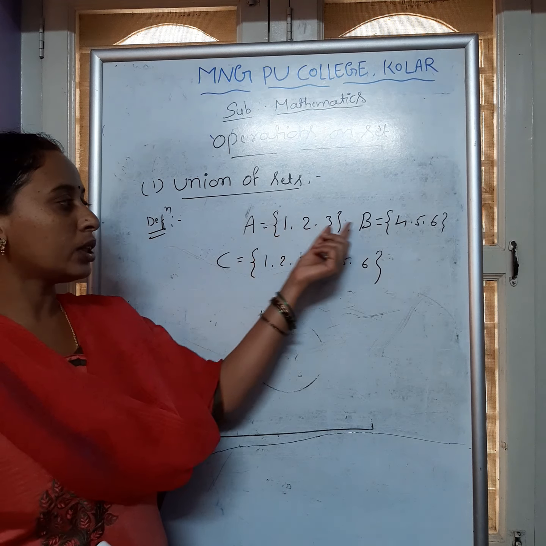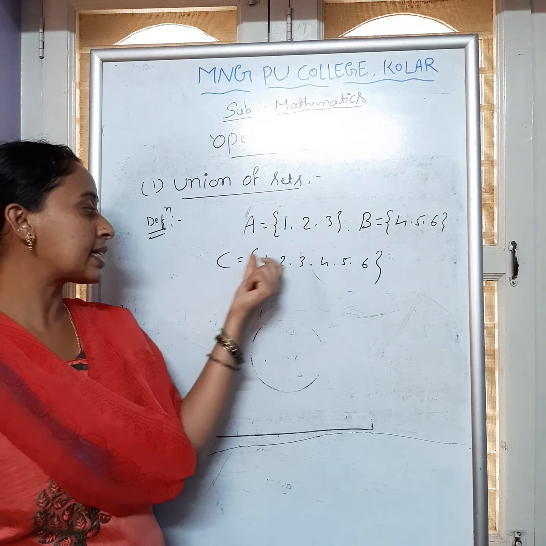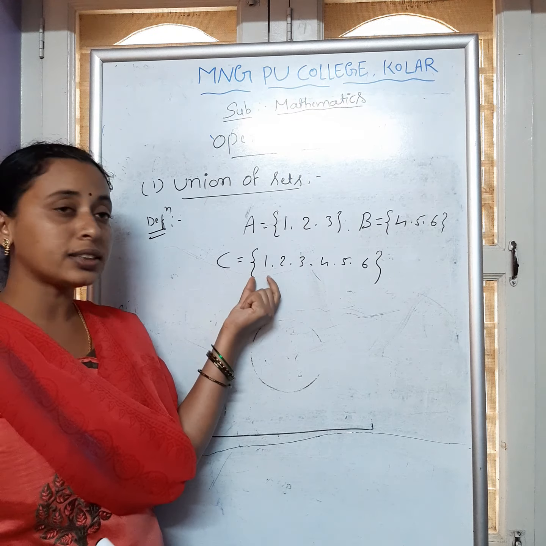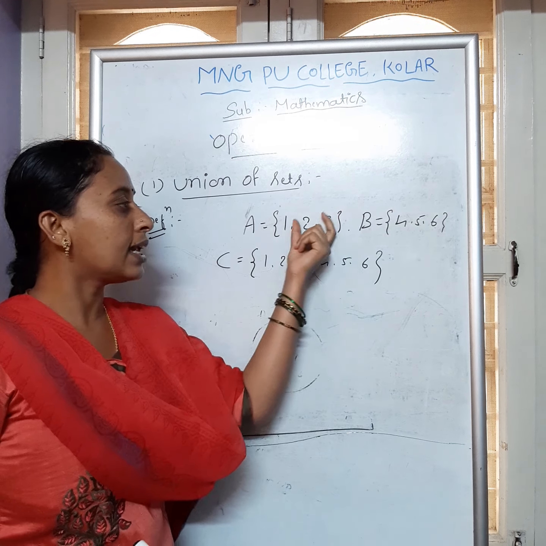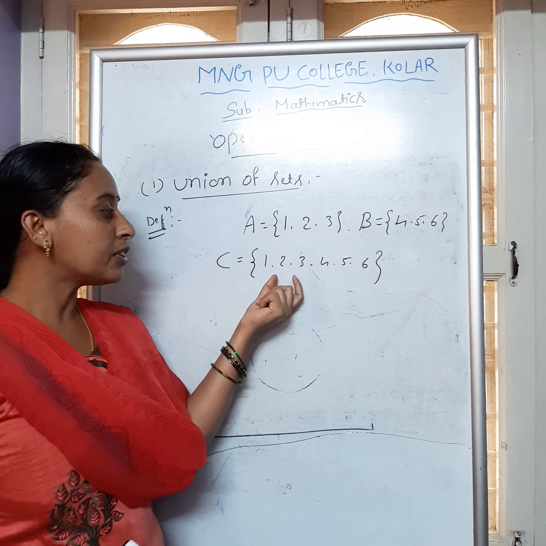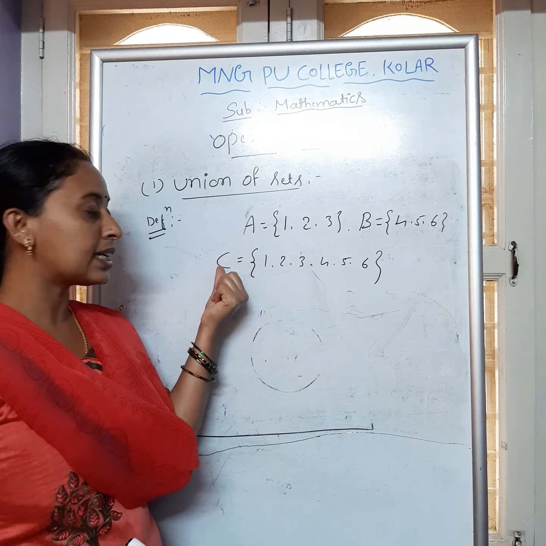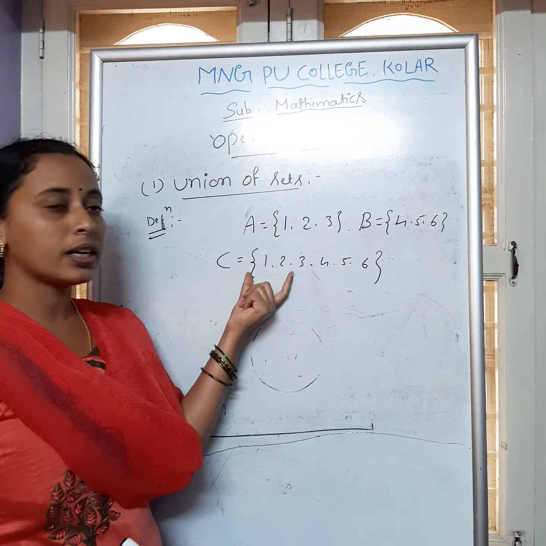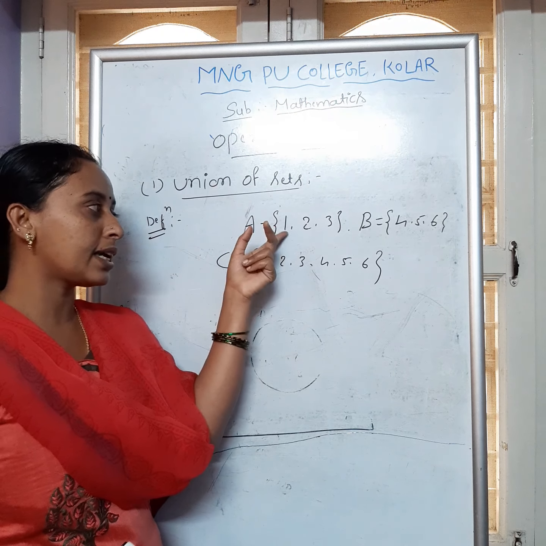So the union of two sets is the set C, which contains all those elements, which are either in A or in B.